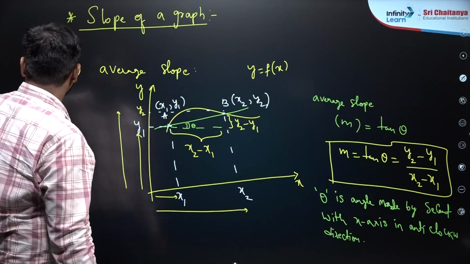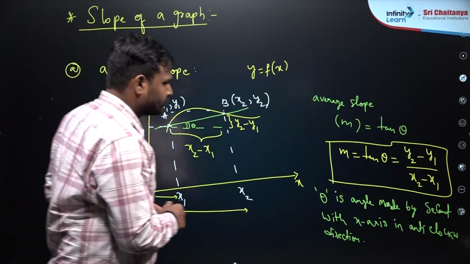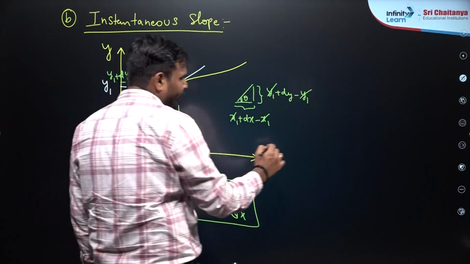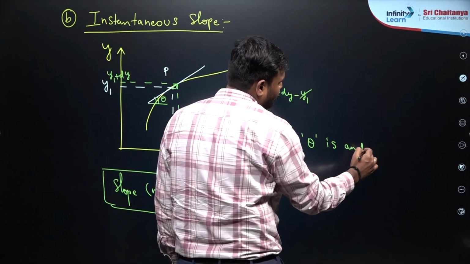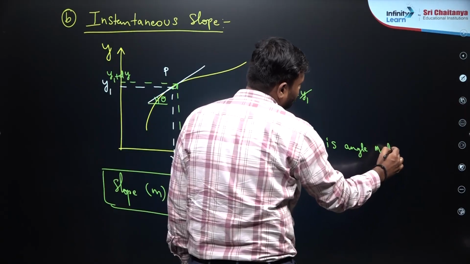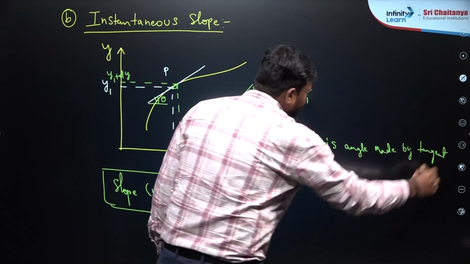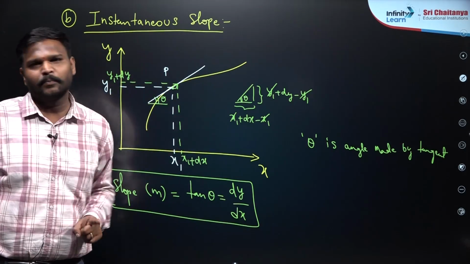So similarly, when it comes here, what is theta, sir? Theta is the angle made by the tangent. A tangent is a line which cuts the curve at one particular position.